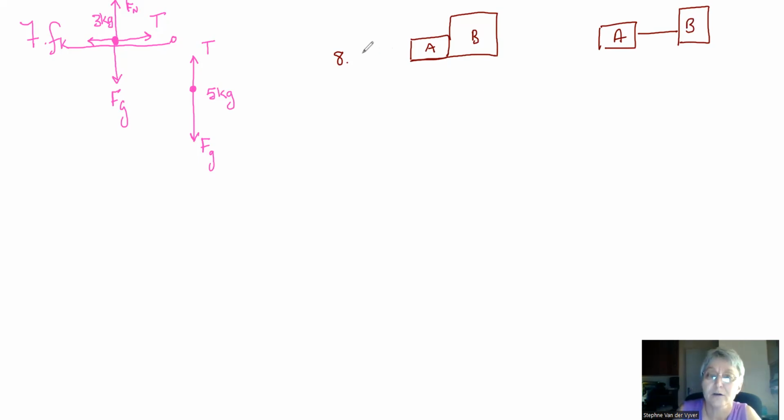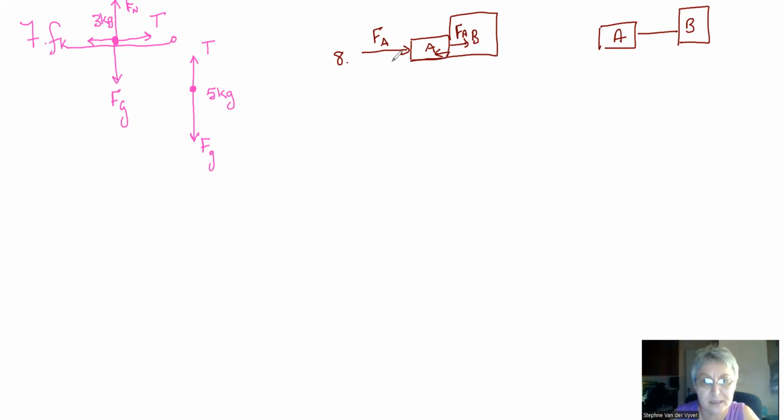If I have a force applied here, A will push on B, so that is the force of A, but B will push back on A with the same magnitude force. Those two forces will be exactly the same.